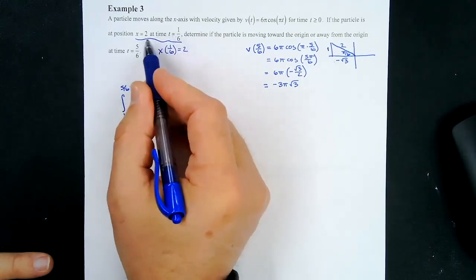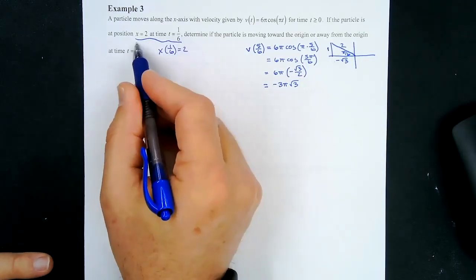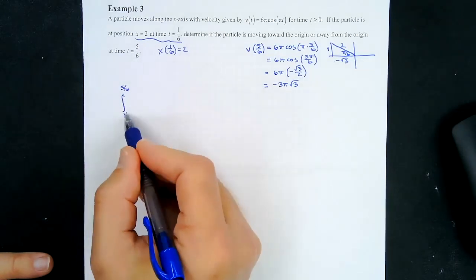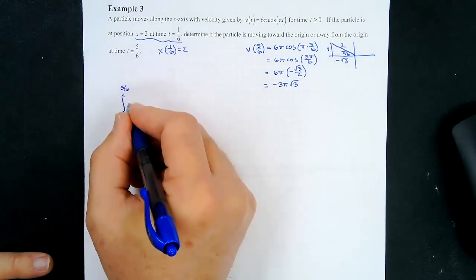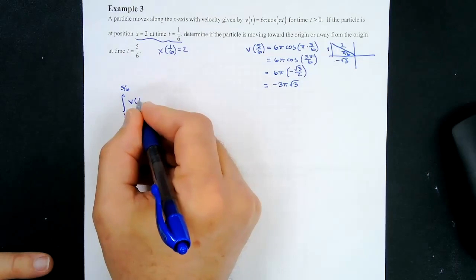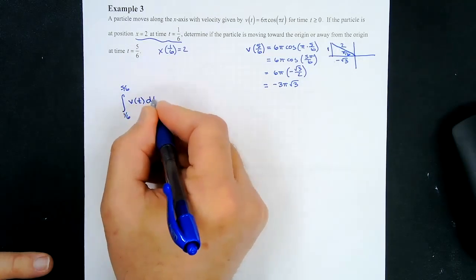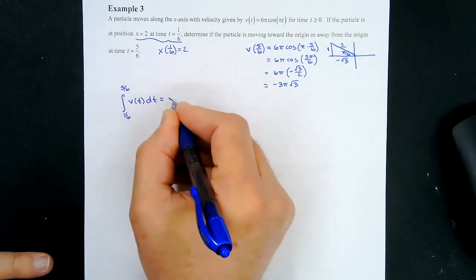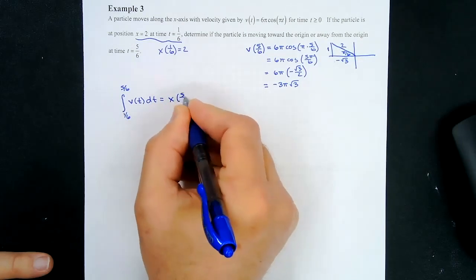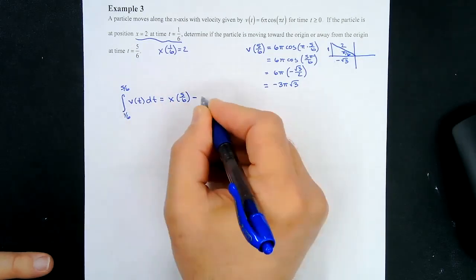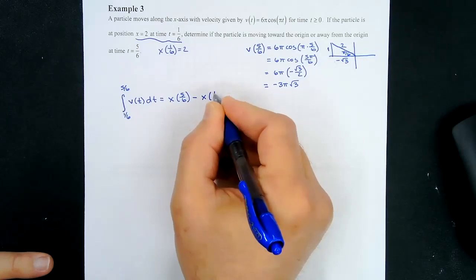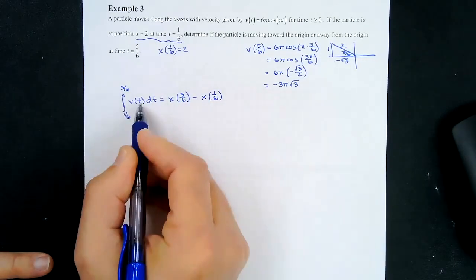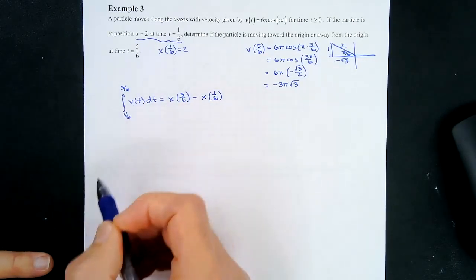Because I was given the position at 1/6 and I want to find the position at 5/6. This one's the one that's given, and this is the one we're trying to find. We integrate the velocity function, v of t dt, and that's going to be the position at 5/6 minus the position at 1/6, because the antiderivative of velocity is position.